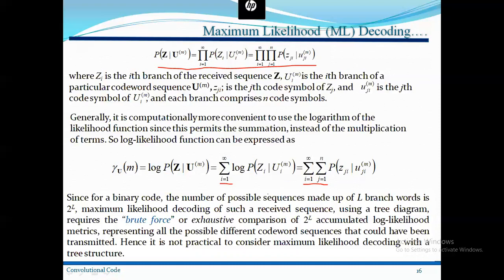To choose the possible path, the real path, which is in fact the correctly transmitted version of the signal, we need to use brute force. We need an exhaustive comparison of 2^L accumulated log likelihood metrics.